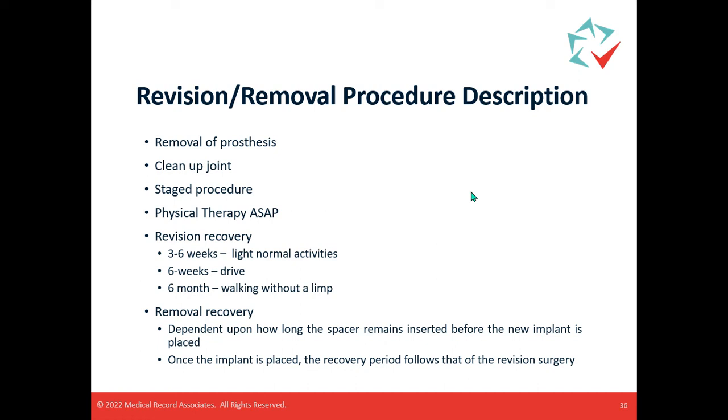Recovery from a removal surgery will depend on how long that spacer had to be left in place before the new implant is placed. And once that new implant is inserted, then the recovery period follows that of the revision surgery. So again, that'll be approximately 6 months.